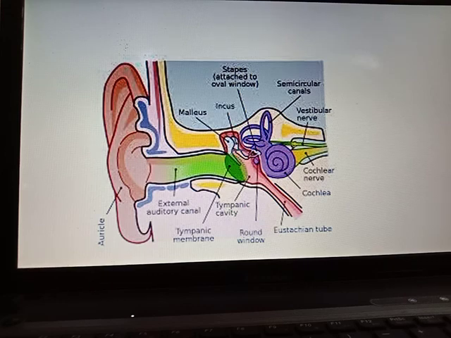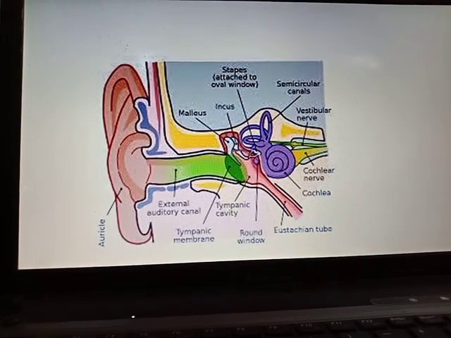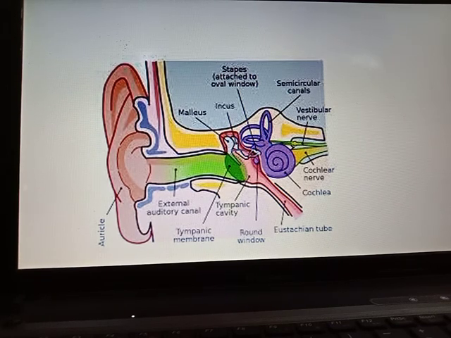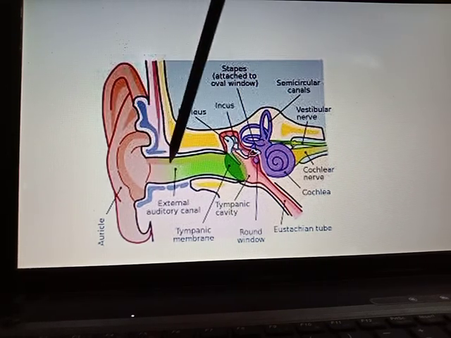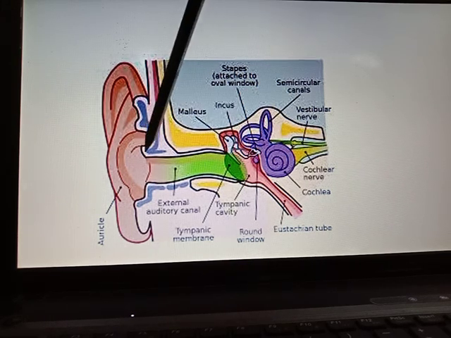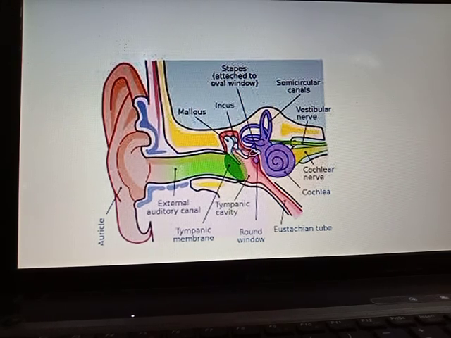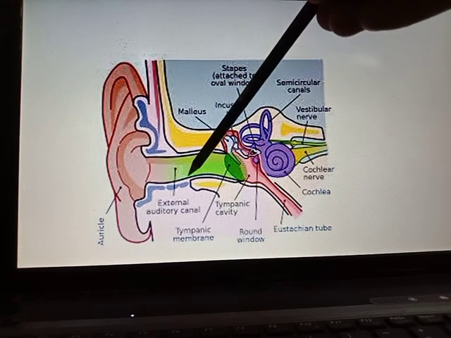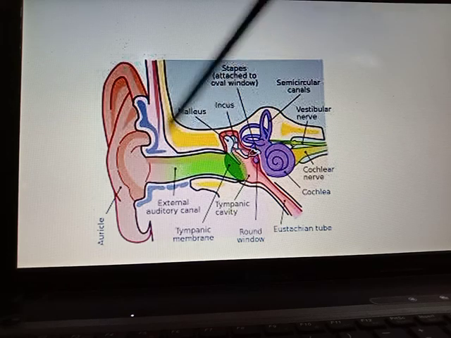Then come to the description of the cartilaginous part. The cartilaginous part is about 8 mm in length. It extends laterally from the cartilage of the concha, attached to the outer margin of the bony part of the external ear, to the junction of the cartilaginous and the bony part.